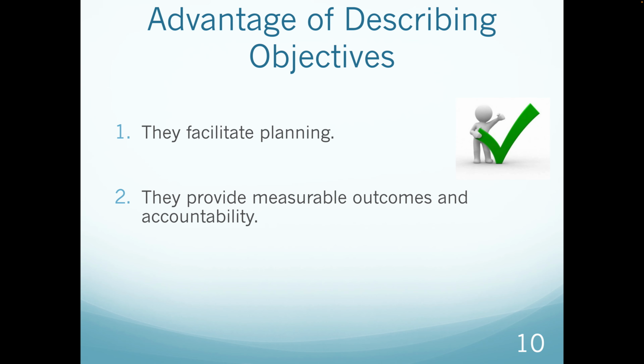They also provide measurable outcomes and accountability. So for instance, if you are going to have a final report to make sure that you have delivered your stated objectives at the end of your course, you can have a checklist to make sure that you have indeed achieved your measurable objectives.